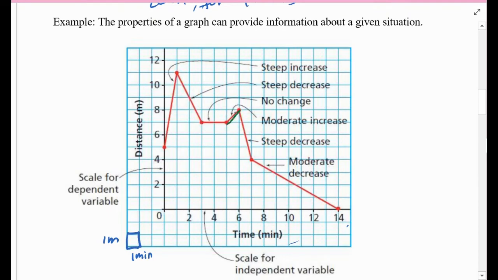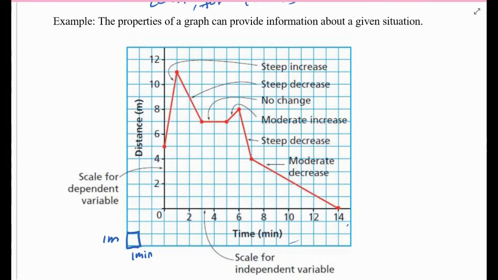Again the distance increases, so you're moving forward, and then you're going home at a very steep decrease, so you're moving fast. Then you're going back home at a moderate speed, and the distance becomes 0. That means you arrived home. This is how you interpret a given situation using a graph.